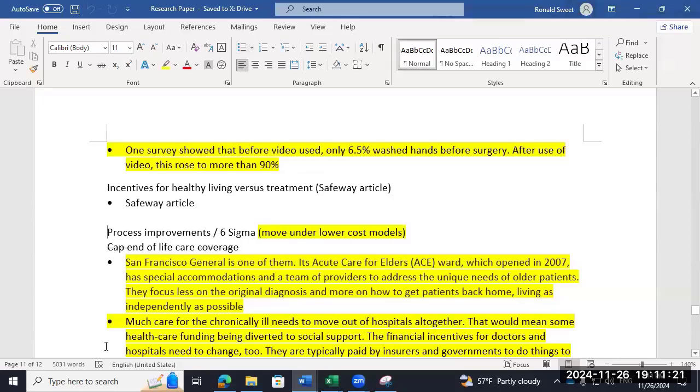Yeah, process improvement, Six Sigma, we essentially said you can combine that under lower cost models.